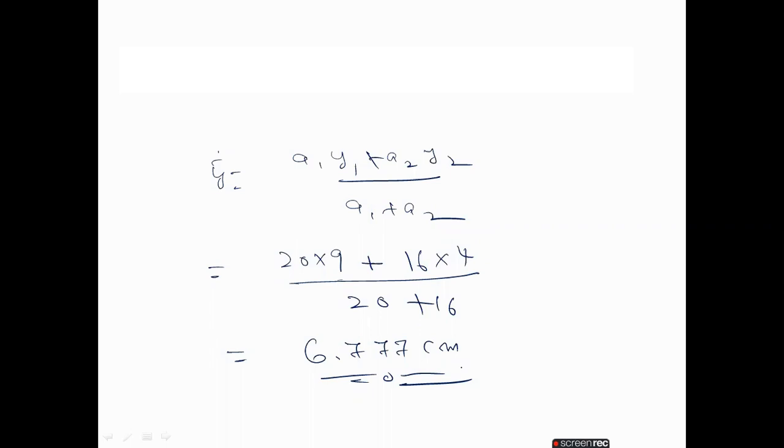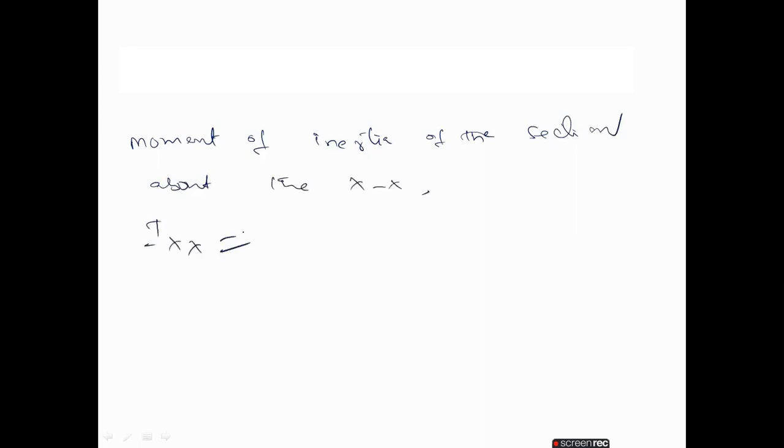Now the other thing we have to calculate is the moment of inertia. Now I will write here. Moment of inertia of the section about the x axis, that is Ix, is equal to how much?